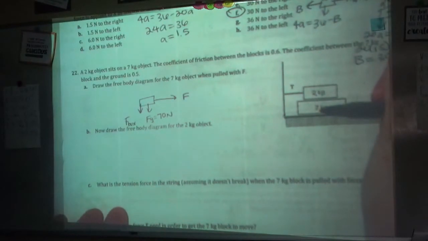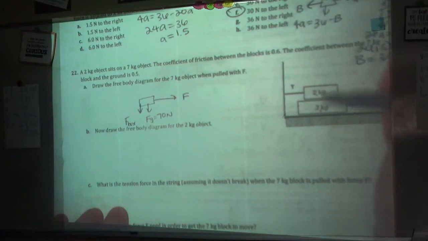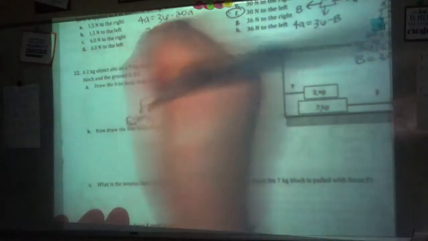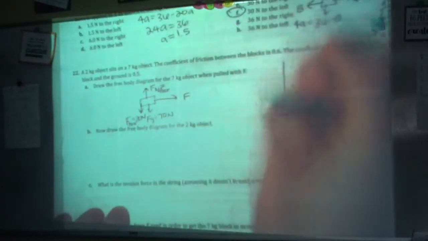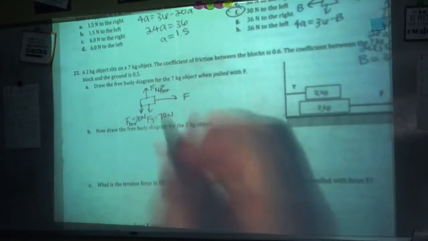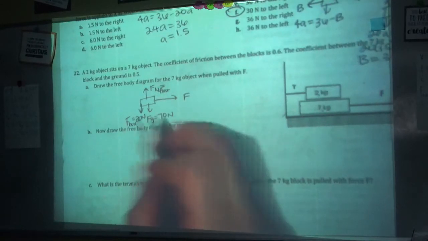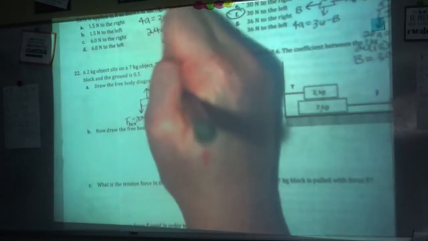So the force of box 2 on box 7 would just be the weight of the 2 kilogram, 20 newtons. And then, of course, you've got the normal force from the floor. I'm going to call it normal force of the floor because there's kind of another normal force later on. So right now, just the normal force of the floor. It's not accelerating up or down, so that would just be 90 newtons.